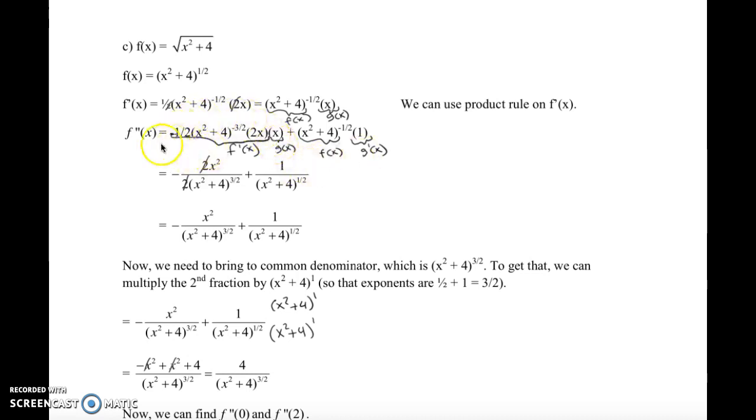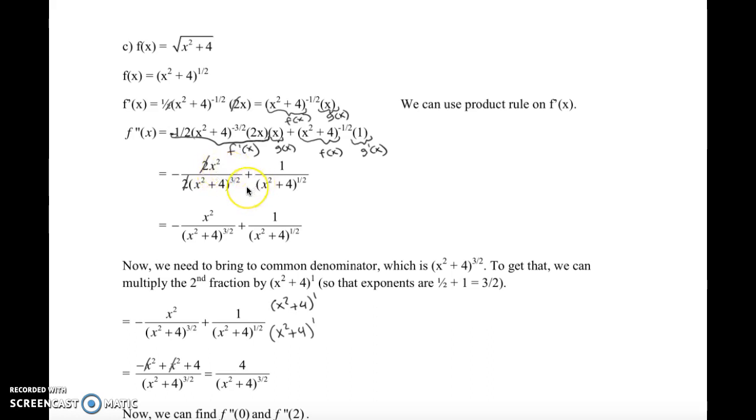So this first piece here, we have a negative 1/2. So we have a negative and the 2 in the denominator. This here is to the negative 3 over 2 power. So the x squared plus 4 goes into the denominator, gives us a positive 3 over 2 power now. And then our 2x stays on the top, and then we have another x, so that's how the x becomes squared.